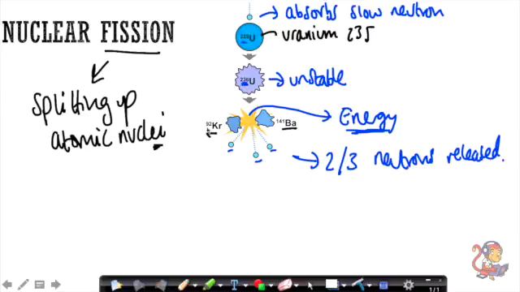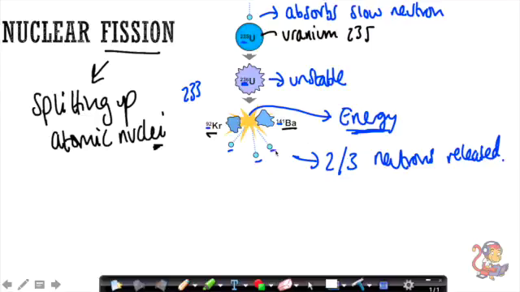So if you add up the mass of krypton, 92, with barium, 141, that would give you a total of 233. But not forgetting these neutrons down here, which have a relative mass of 1 each, that would make 234, 235, 236 up here. Now you won't need to remember the specific elements that are made in this nuclear fission, but you will need to work them out from the information given in a question.